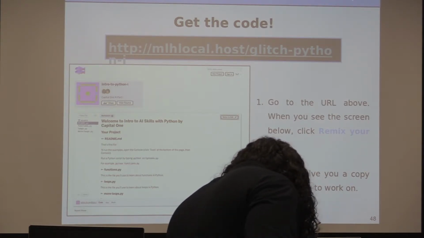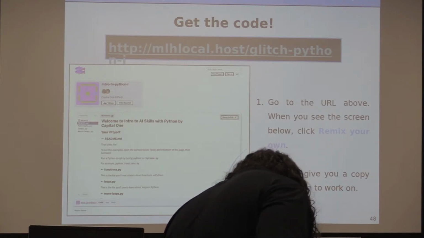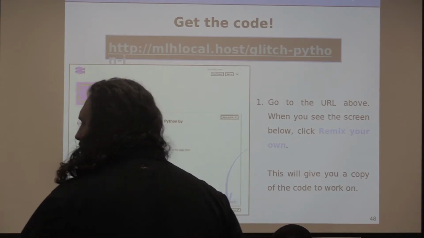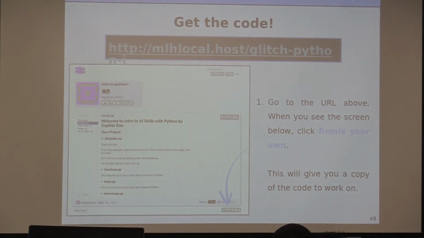No. It needs to be the one with one I. Let's see all results. There we go. Click here. Oh, version 2. Then scroll down, and then remix your own. Yeah, there we go. All right. Is everybody able to find the Twitter scraper? Okay.